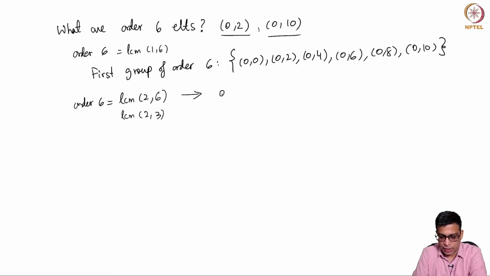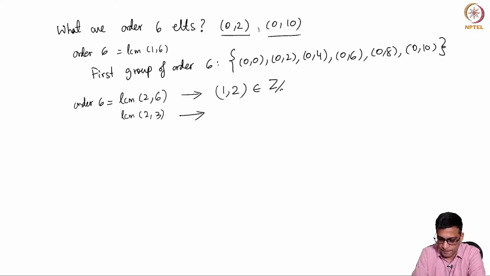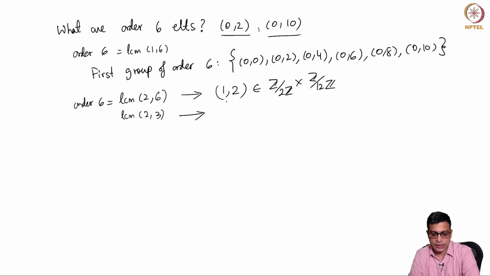So that means you take 1 and an order 6 element. So I'm going fast about this because this is just standard group theory, but please carefully watch this if it's not clear to you. And this is an element of Z mod 2 cross Z mod 12, and it has order 6 because you can write down, for example, all its multiples.